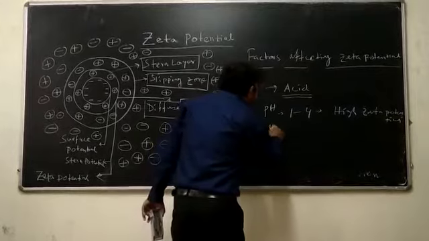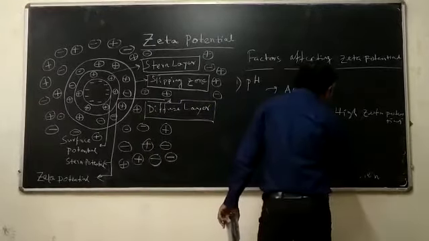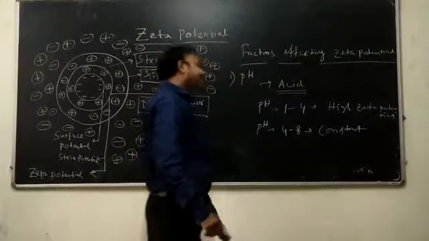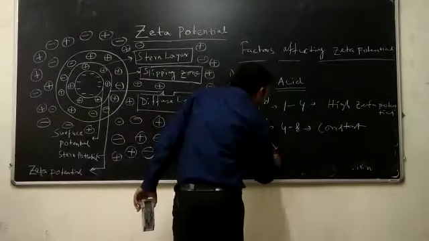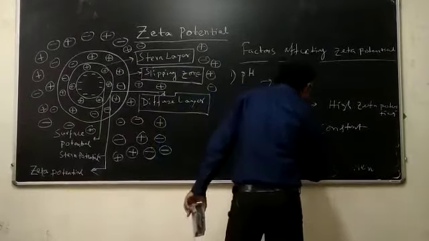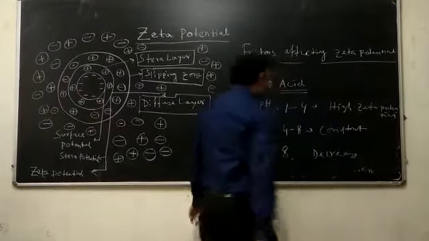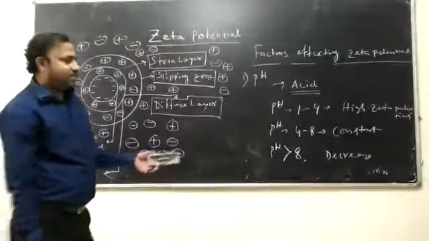At pH 4 to 8, the zeta potential will be constant. And at pH greater than 8, the zeta potential will decrease. So at high pH, the zeta potential decreases if we increase the pH.